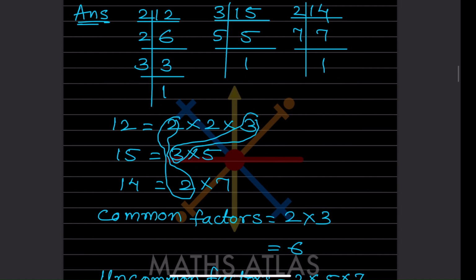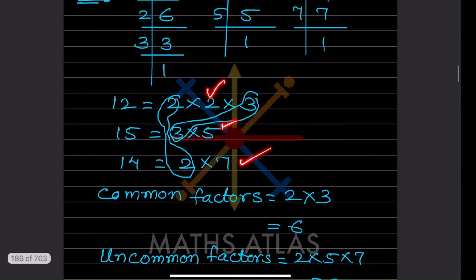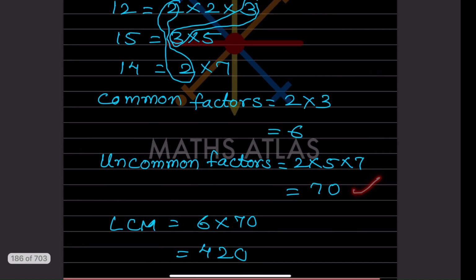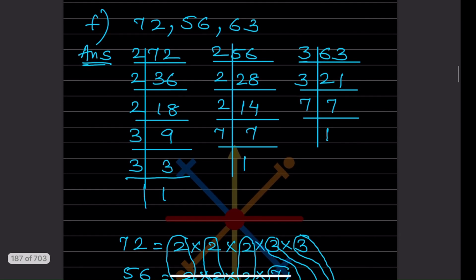Again here you can see we have 2 in just 2 places, for 12 and 14 we have this 2, and for 3 we have it in only 2 numbers, and then this remains the uncommon one. So this is 420.